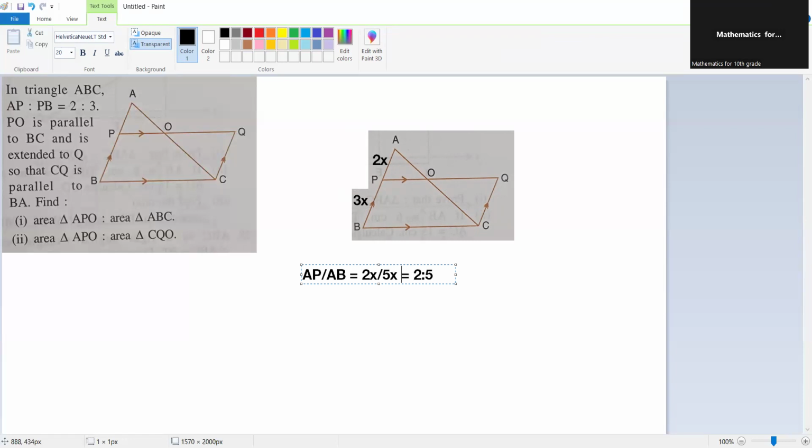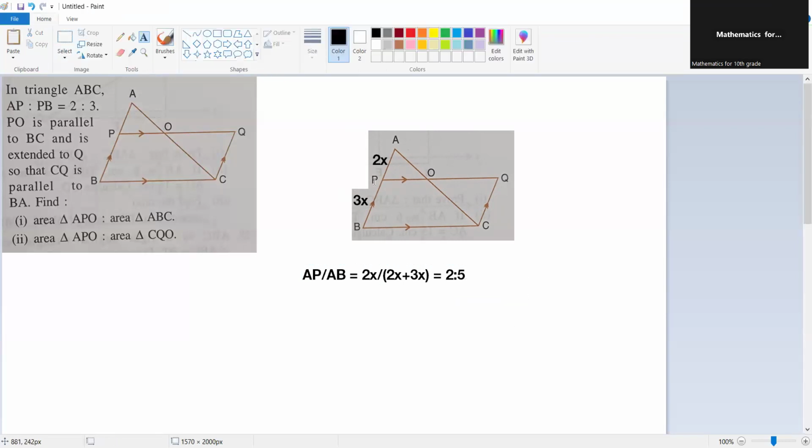Why 5x? Because it is 2x plus 3x. So AP is to AB is 2 by 2 plus 3, which is 2 is to 5. So we are doing this for the first question.